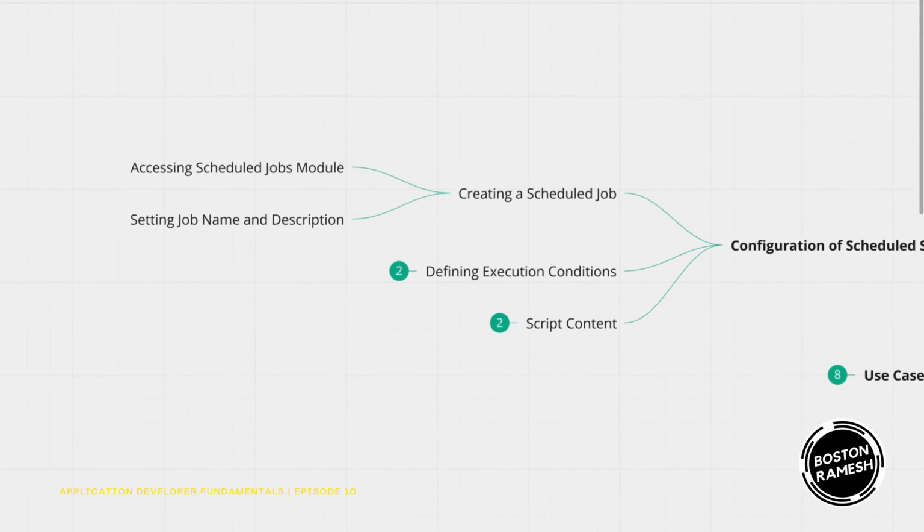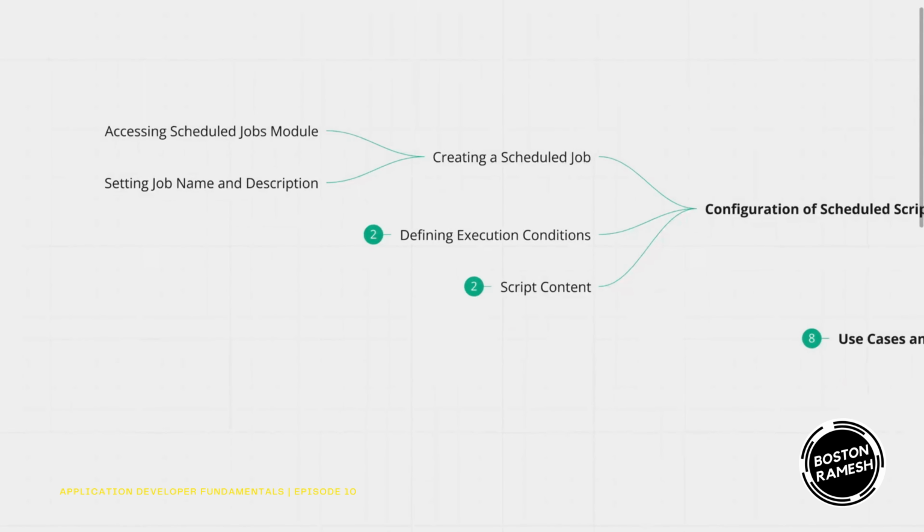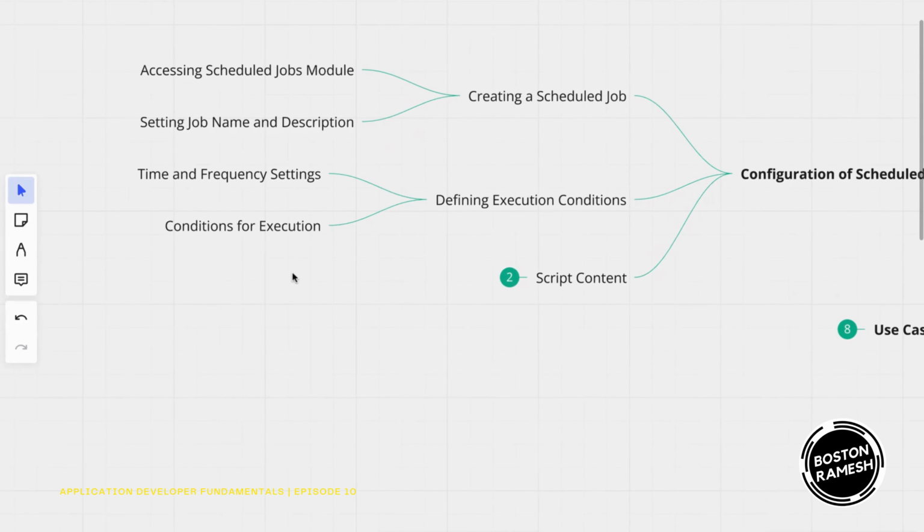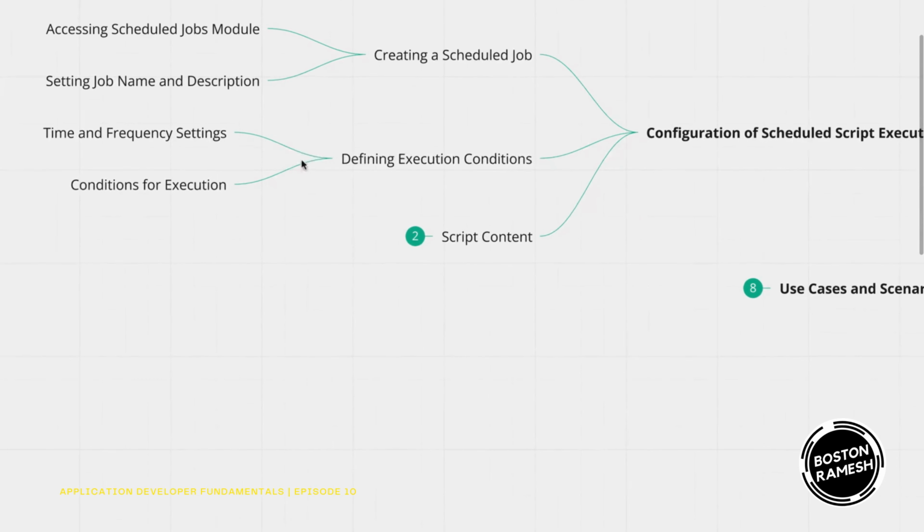We'll set up a job name and description, and then put the frequency when this script should execute, for example weekly, daily, hourly. And then the condition under which this script should execute.